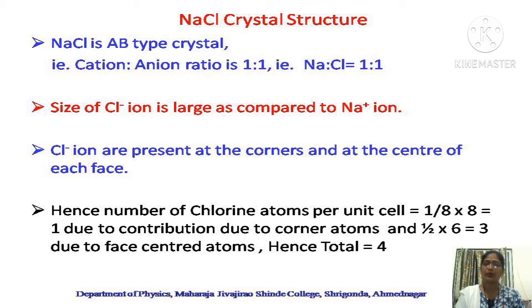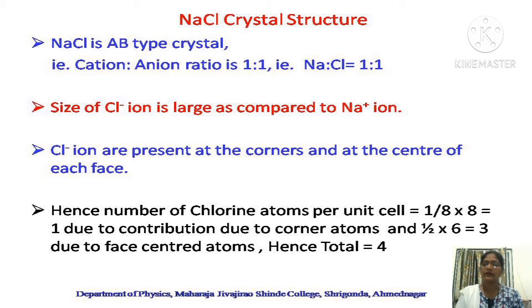Just now I explained that the size of the chlorine ion is large as compared to the Na plus ion. Chlorine ions are present at the corners and at the center of each face. Suppose I want to find out the number of chlorine ions per unit cell. We know that there are 8 corners for a cube and each corner atom is a part of 8 unit cells.